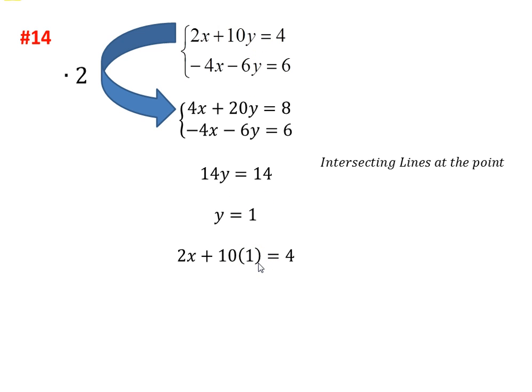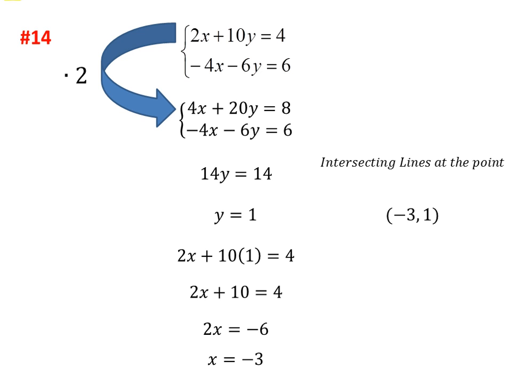So 2x plus 10 times 1 equals 4. 2x plus 10 equals 4. Subtract 10 on both sides. So 2x equals negative 6 because 4 minus 10 is negative 6. And if 2x equals negative 6, that means that x equals negative 3. So the solution to this system is negative 3, 1.